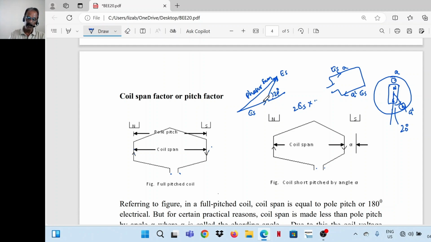Geometrically, suppose the coil sides are placed 160 degrees apart, so there is a 20 degree difference. The coil side voltages should be added in this manner. This is the phasor sum. So the phasor sum divided by the arithmetic sum is called the coil span factor.